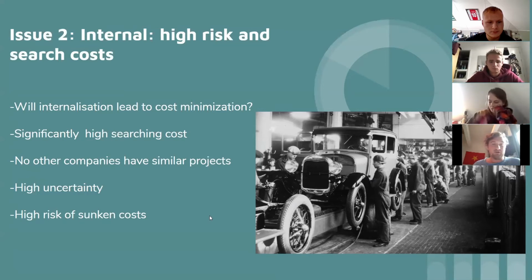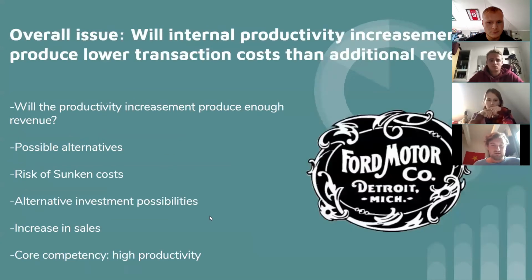Moreover, the project is very unit specific, which means that if it fails, the project will have very high sunk cost, because this assembly line will not be profitable for any other company except for Ford. Therefore, it's bound to the issue of the assembly line being internal and not outsourceable.